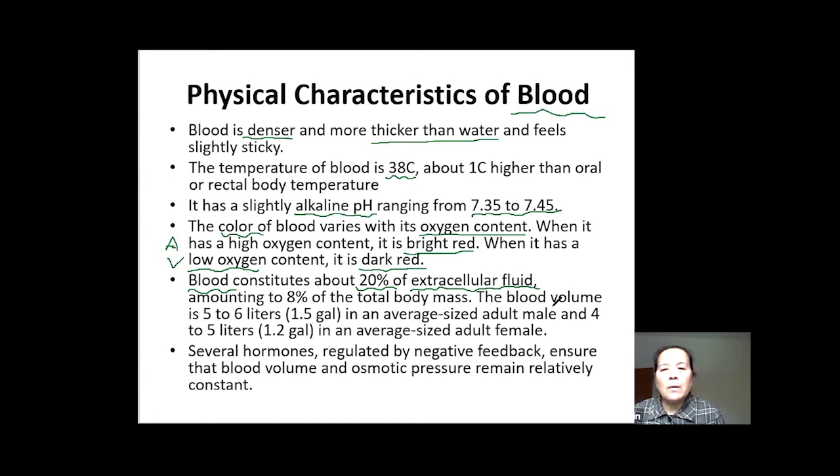Then we're talking about how much blood volume everybody has. It's 5 to 6 liters for an adult male, and 4 to 5 liters for an adult female, a little bit different, not a big difference. That's the normal number.